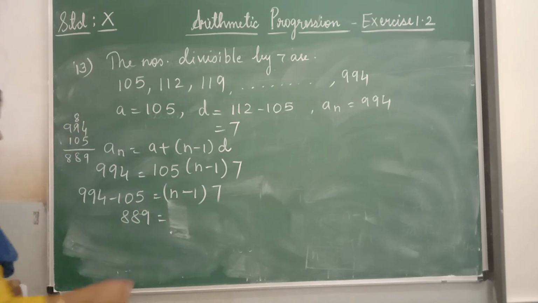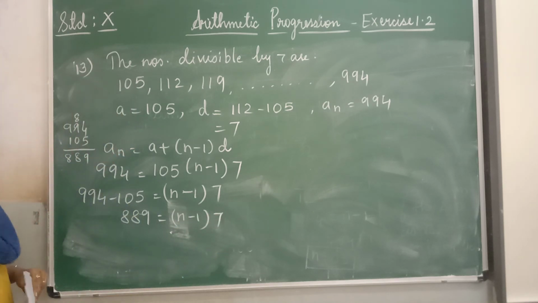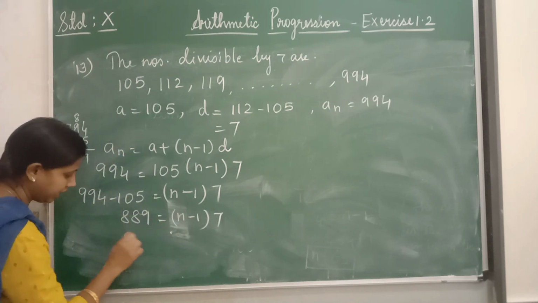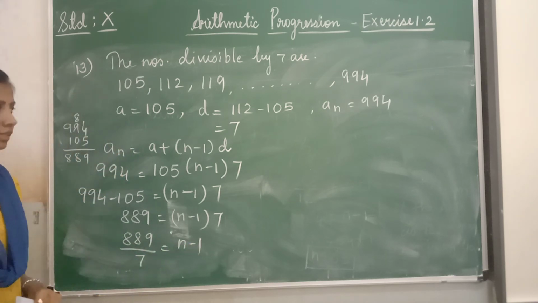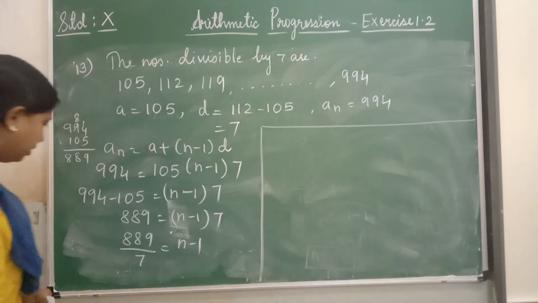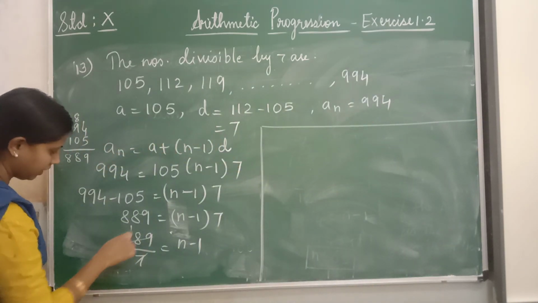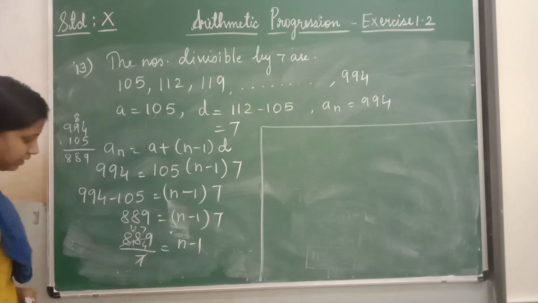Yes, we get 889 equals n minus 1 into 7. Now 7 take on the other side. 889 divided by 7 is equals to n minus 1. If you simplify this, 7 ones are 7, 7 twos are 14, 7 sevens are 49.